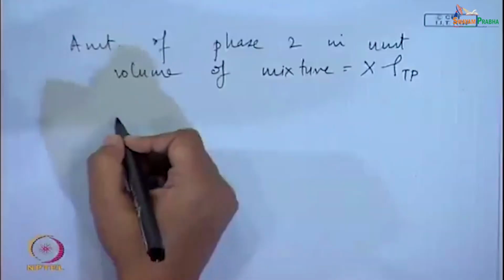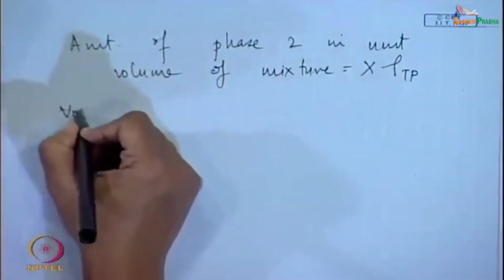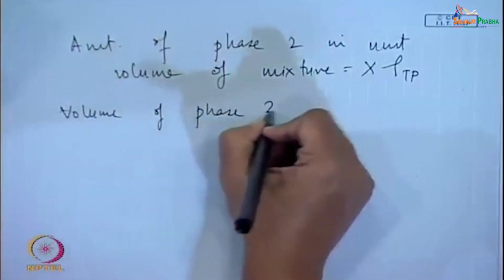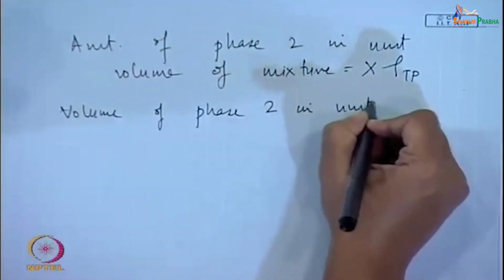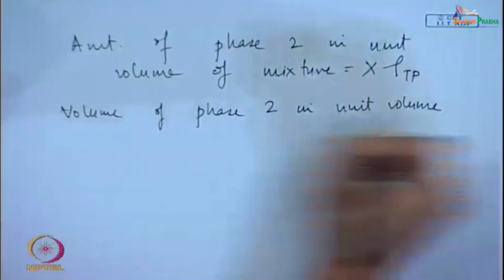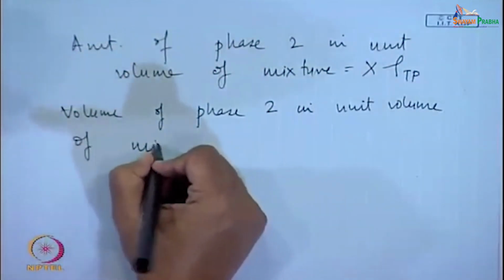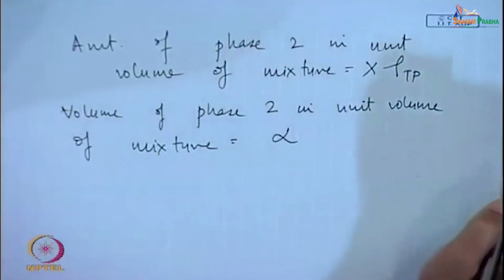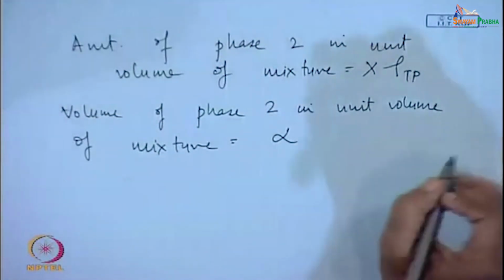X is mass fraction, alpha is volume fraction. Agreed? So, the volume of phase 2 in unit volume of mixture equals alpha cc or liter, whatever it is.